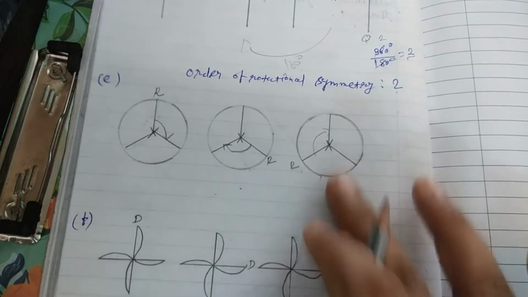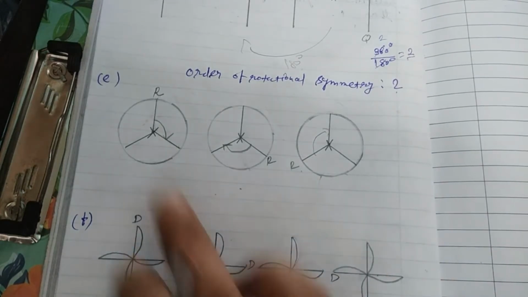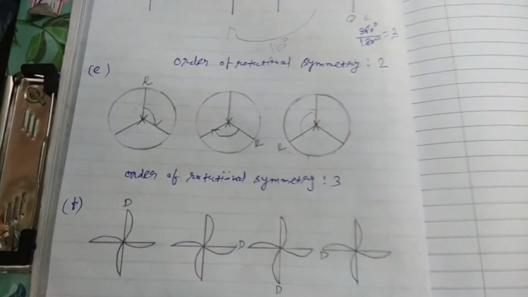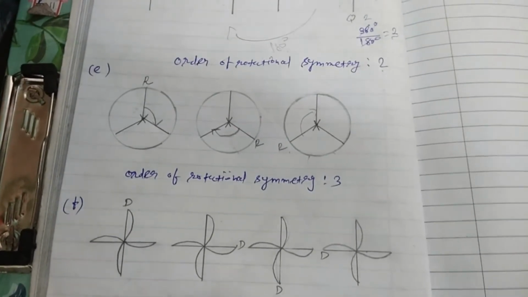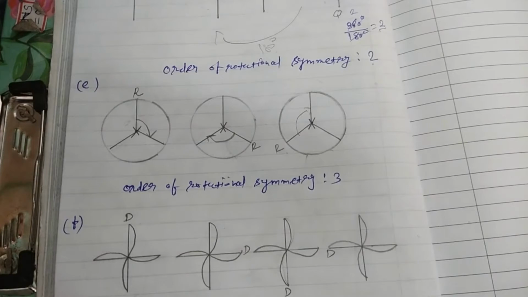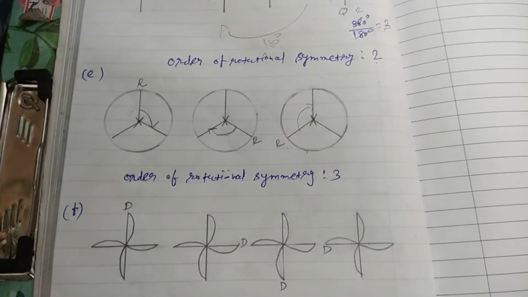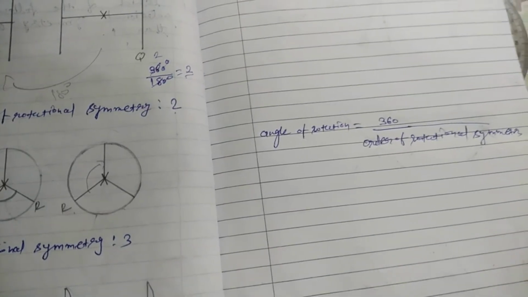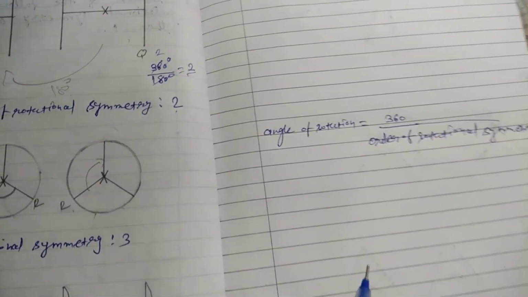So how many times have we rotated? That means 3 times. The order of rotational symmetry is 3. Now what is the angle of rotation? To find the angle of rotation, we will use this formula. Angle of rotation is equal to 360 divided by the order of rotational symmetry.